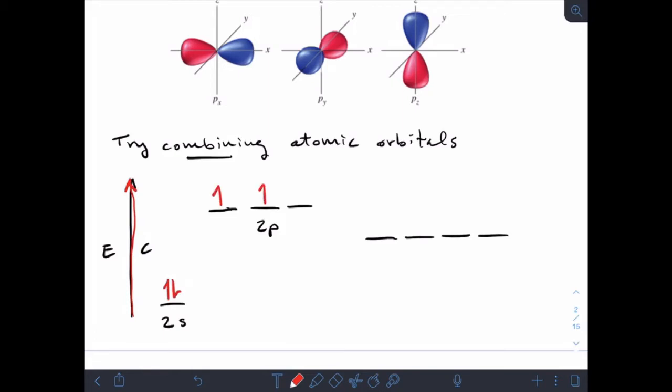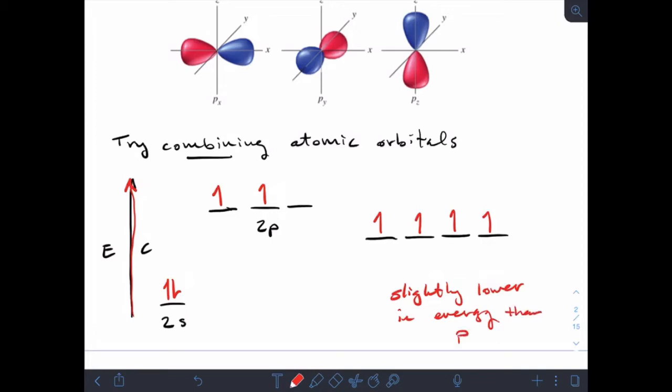Okay, if I combine those 2s and those 2p orbitals, what I can do is get 4 orbitals, each with an electron, and they'll be slightly lower in energy than the p.